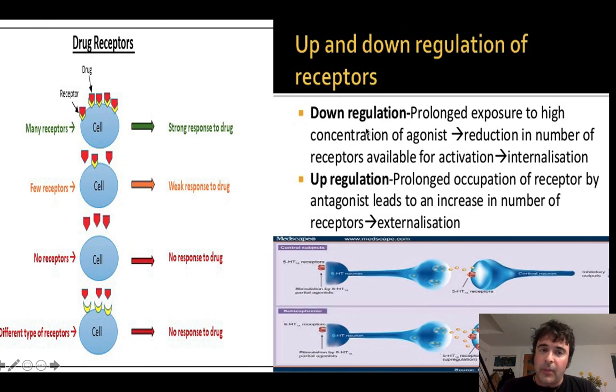So there's an idea that cells are able to regulate what's going on. Take prolonged exposure to a high concentration of an agonist. Let's say you take a medication or you use a drug that increases dopamine in the brain, let's say Wellbutrin or something like that. Initially, you have a really strong response.